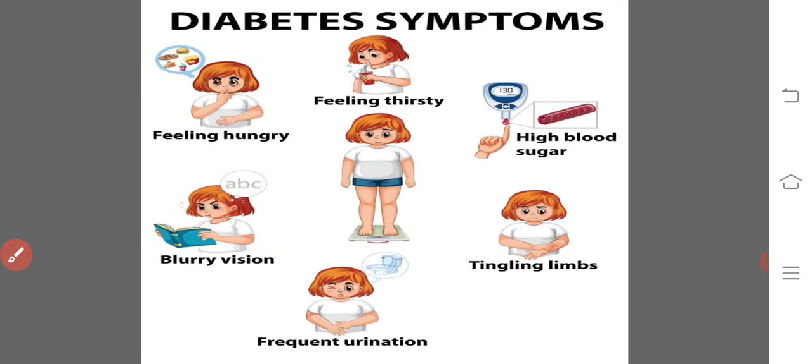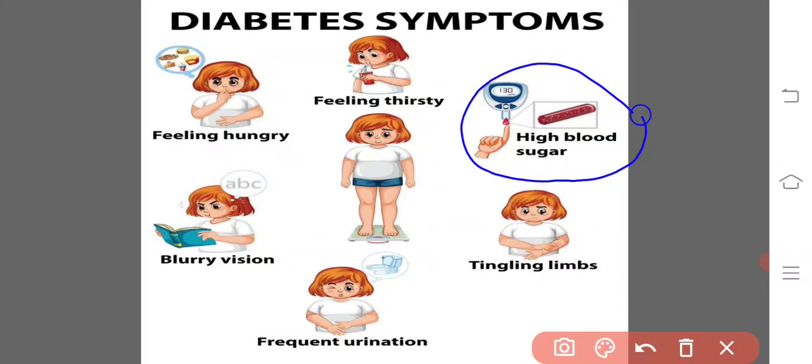Diabetes mellitus shows different kinds of symptoms. As and when there is a deficiency of insulin resulting in diabetes mellitus, the symptoms are high blood glucose levels, that is hyperglycemia, and frequent urination, that is polyuria.